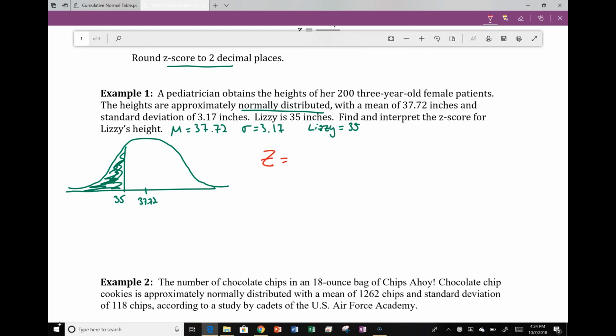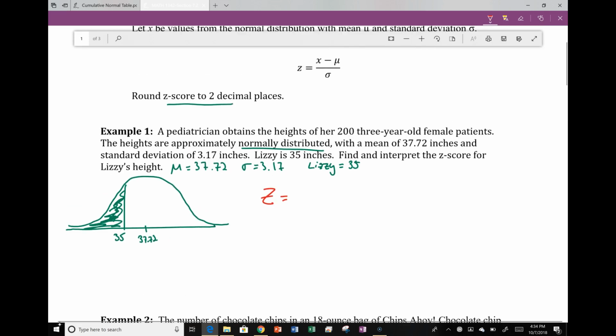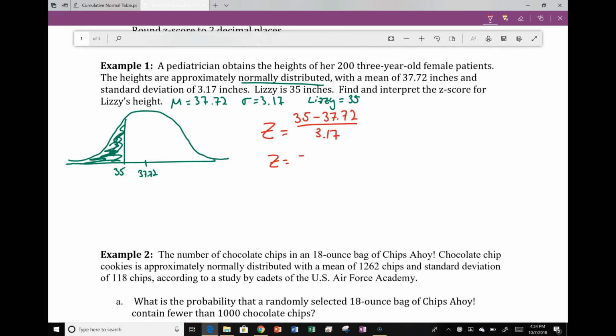So let's look at our formula. It's the value, so it's Lizzie's height minus the mean divided by the standard deviation. So we have 35 minus 37.72, which is going to be a negative 2.72, divided by 3.17.